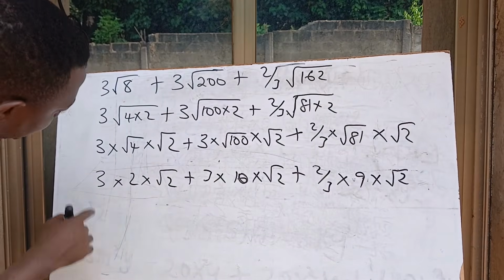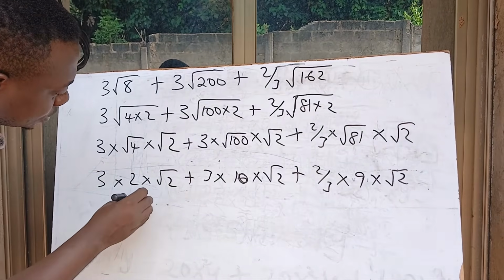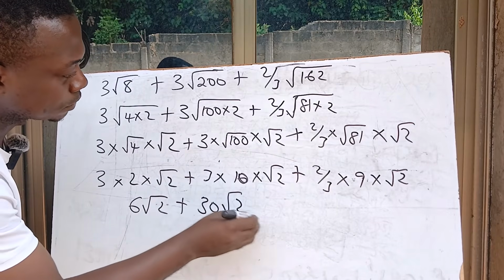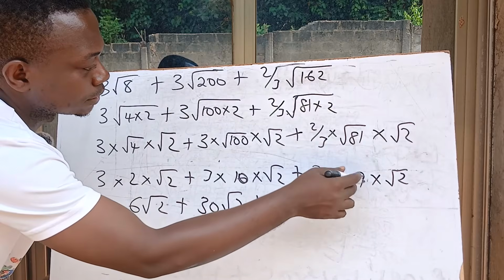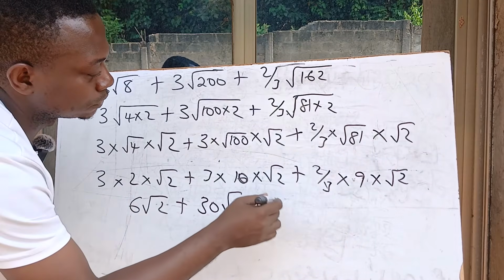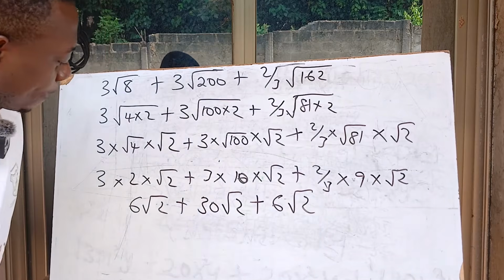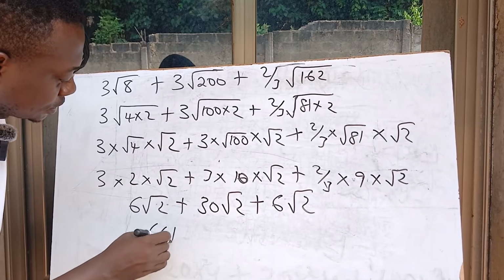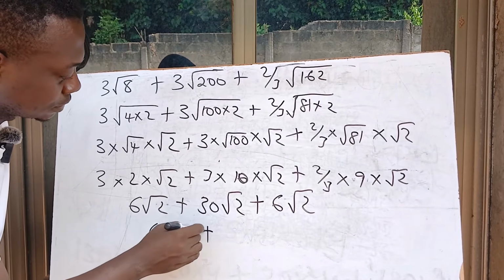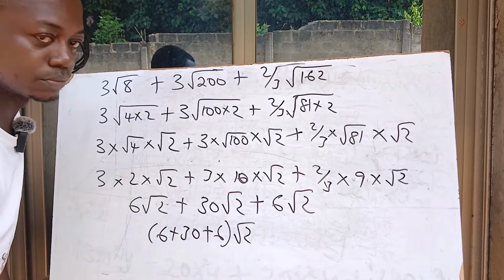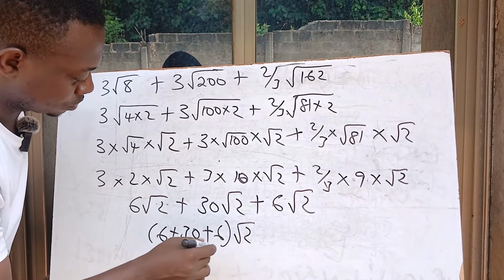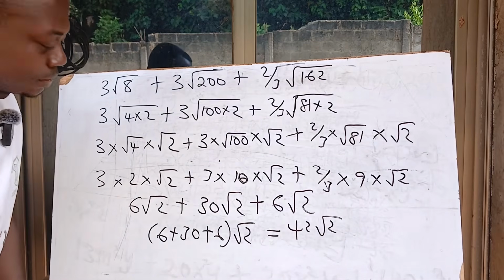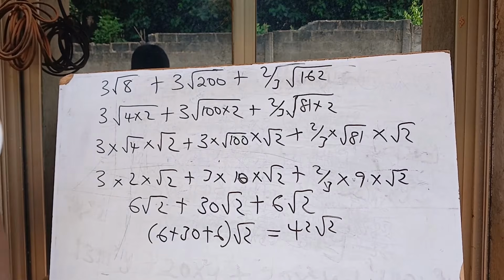So from here, 3 times 2 is 6 root 2, 3 times 10 is 30 root 2, and 2 over 3 times 9 is 6 root 2. So that will be 6 plus 30 plus 6, which is 12, 30, 42 root 2. Okay, so we have 42 root 2 over there.